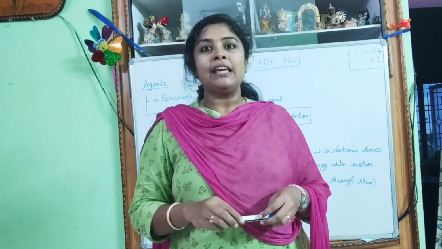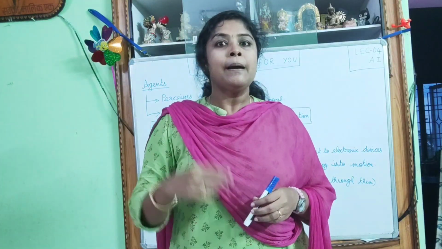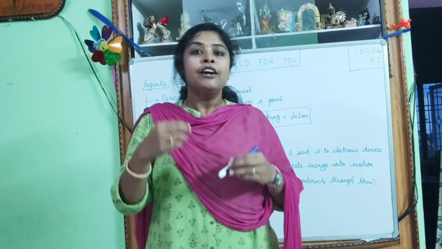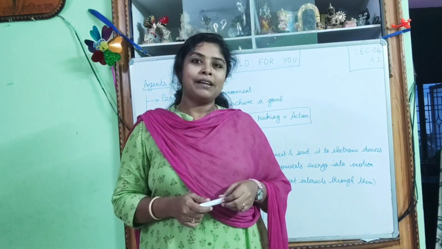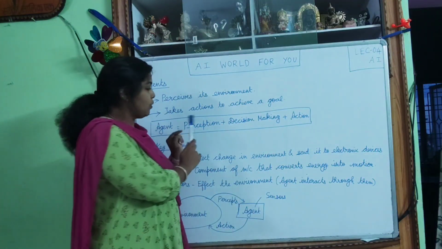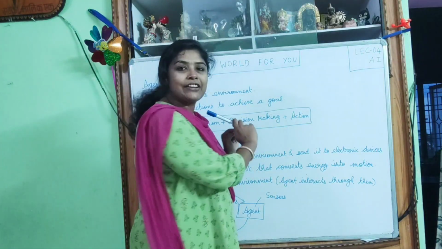So similarly, an agent will observe and learn from the environment, but it needs to take a step forward and make the decision to get the right action. So as per the secret formula, we can say that agent is equal to perception plus decision making plus action.